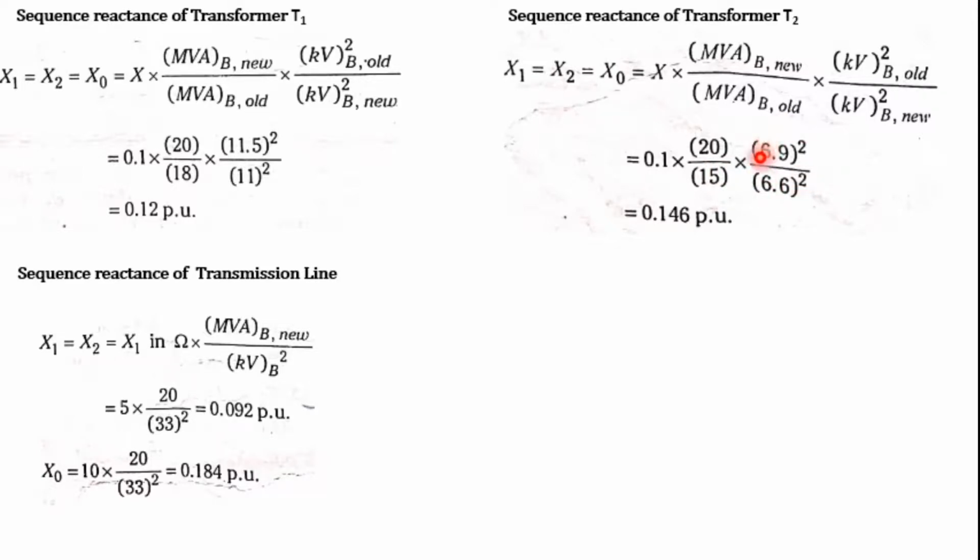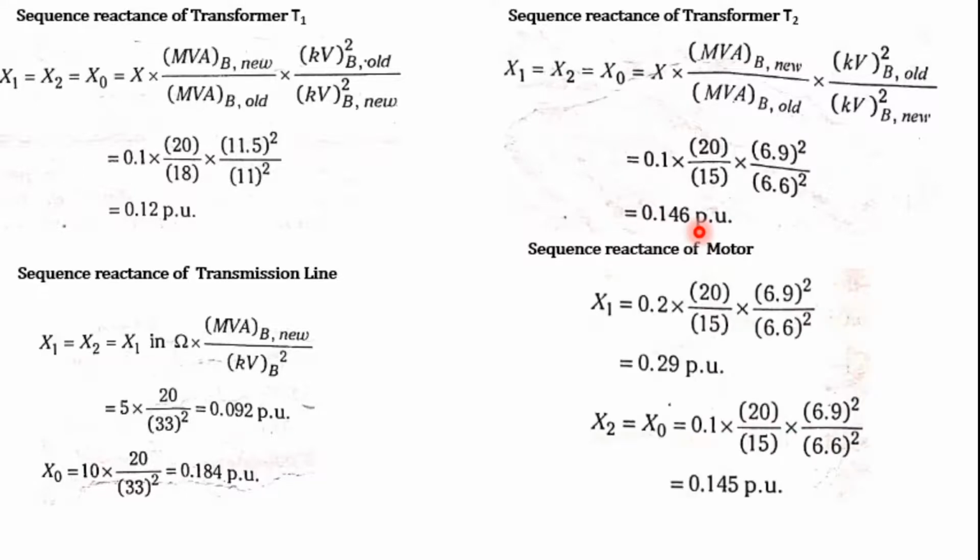The volt value is 6.9 on the transformer side, and for the motor side this is 6.6, square of that value will get 1.146 per unit. And similarly for the motor, X1 is 0.2, and for X2 and X0 the values are given.